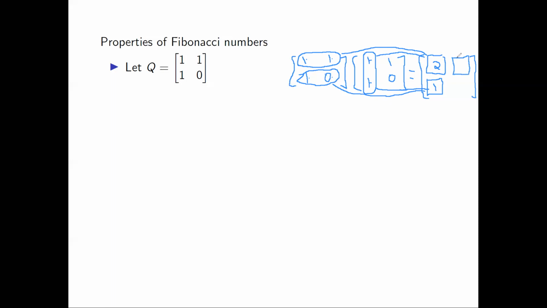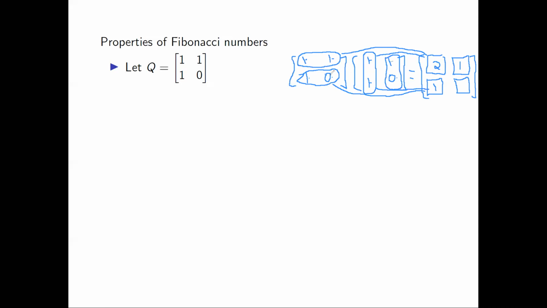Now this entry right here, we get that by taking the dot product of the second column of the right matrix with the first row of the left matrix. So we get a 1 times a 1 plus a 0 times a 1, which gives us a 1 again. And finally, this last entry right here, we get that by taking the dot product of the second column of the right matrix and the second row of the left matrix.